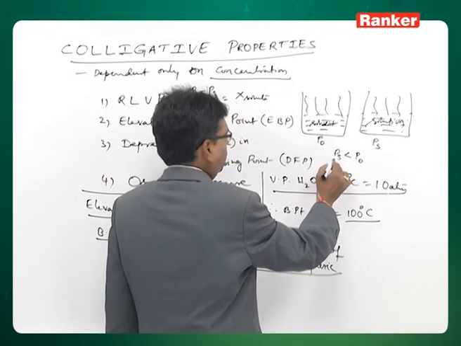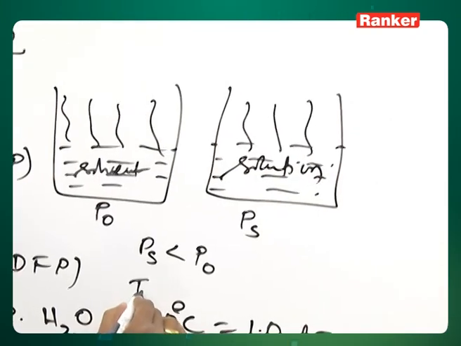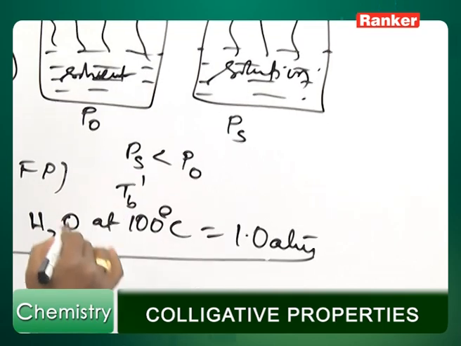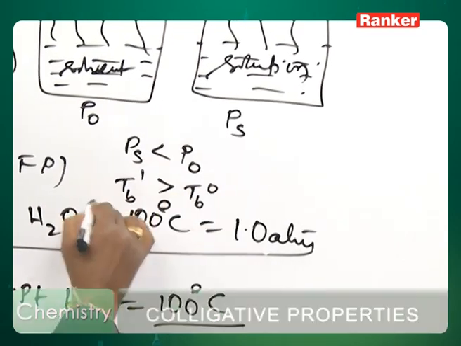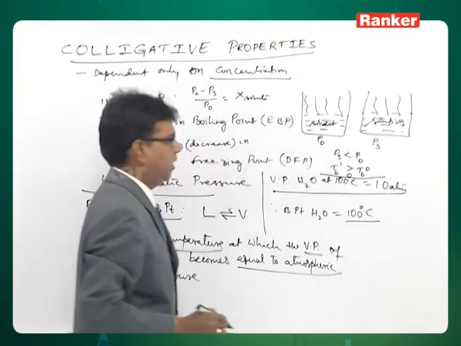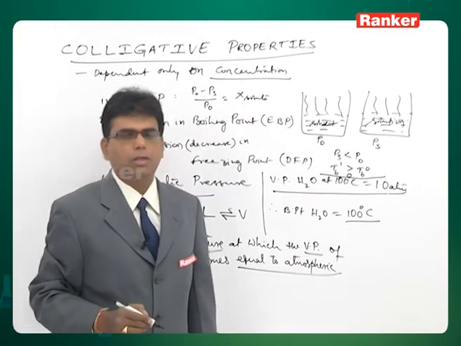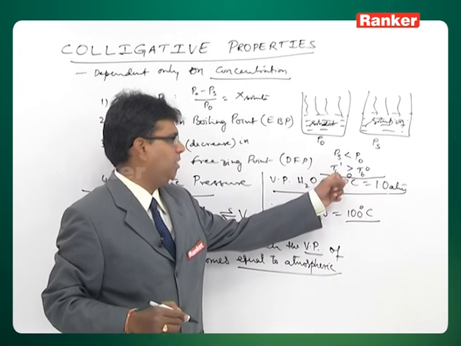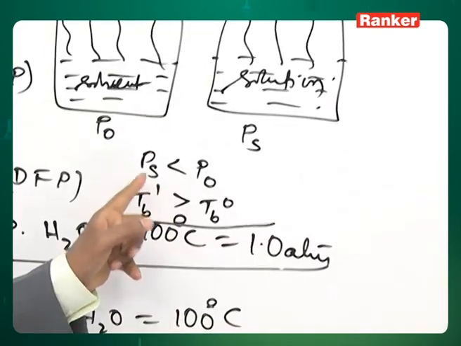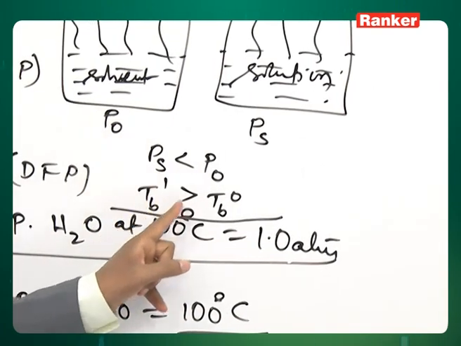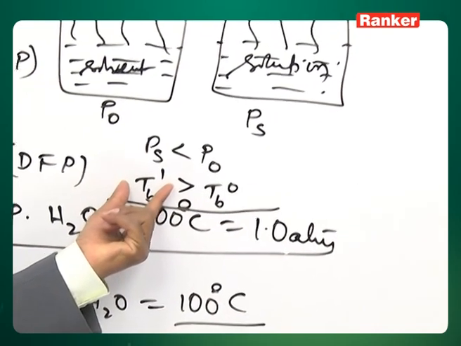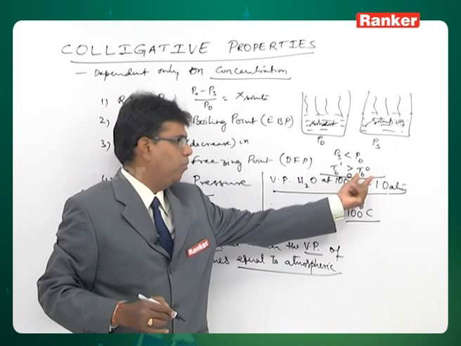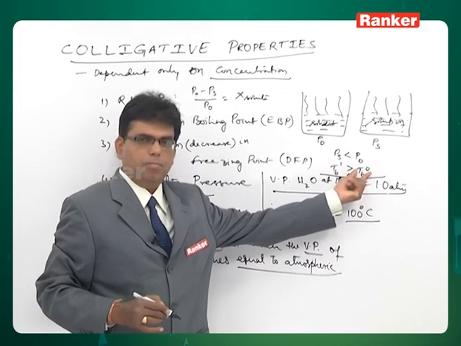Obviously, for a solution, the boiling point Tb dash, as I will call it, will be greater than Tb naught, where Tb naught is the boiling point of the pure solvent and Tb dash is the boiling point of the solution. So, Tb dash is greater than Tb naught. The meaning is that the boiling point of the solution is greater than the boiling point of the pure solvent.